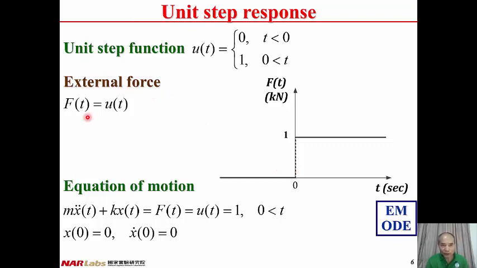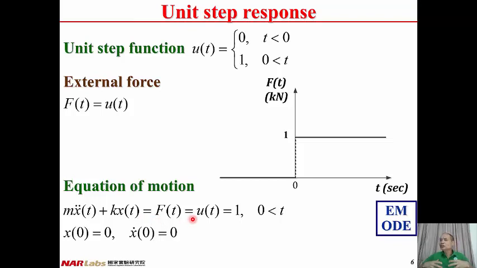If the external force is assigned to be a unit step force, then we have F(t) equal to u(t). If we substitute the external force into the motion equation, we have m x double dot plus kx equal to F(t) equal to u(t).